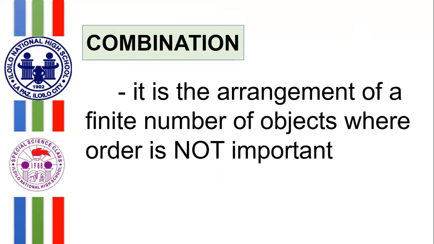The writing of the elements is not important as long as they are present within the set or within that particular group. So in our case, 1, 2, 3 is the same as 3, 2, 1, 3, 1, 2, and so on, because again, order does not produce new meaning.